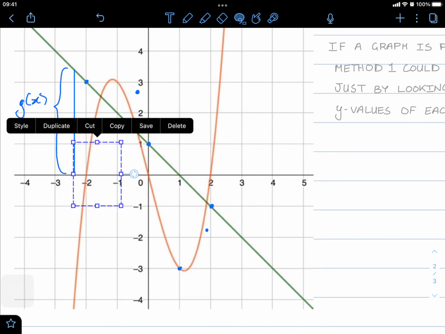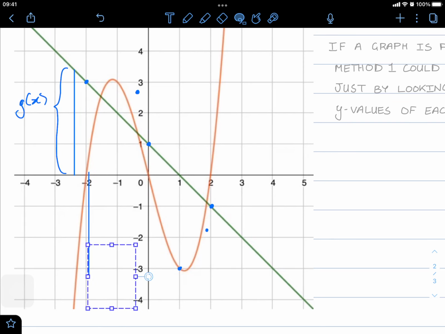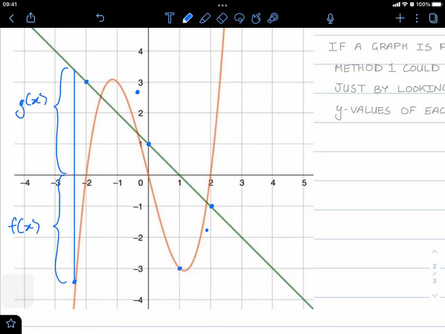Now, if we were to take the same height, I'm going to duplicate it and move it underneath. Notice, it's not quite there, but notice how it's almost exactly the same height, except it's negative. That's f of x. But notice how this height is equal to this height, but this one is a negative height. Because they are equal but of opposite signs, that means it's going to be an x-intercept.